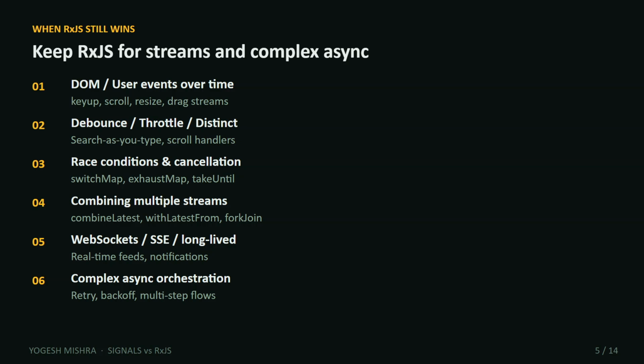The same is true when you need to combine multiple streams using combineLatest or forkJoin. For WebSockets or any long-lived real-time feed, RxJS is still the natural choice, and for complex async flows that involve retry or backoff logic, RxJS remains more powerful. The simple rule here is: if values arrive over time and you need operators, go with RxJS.